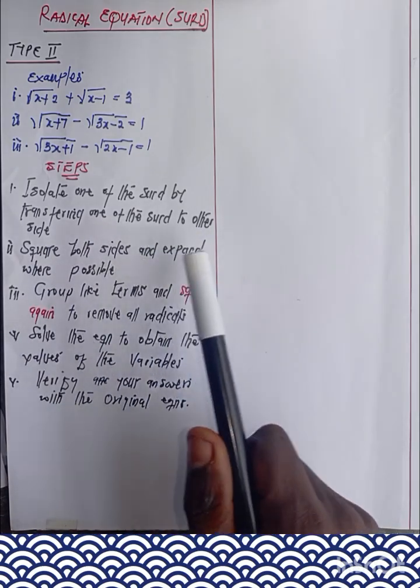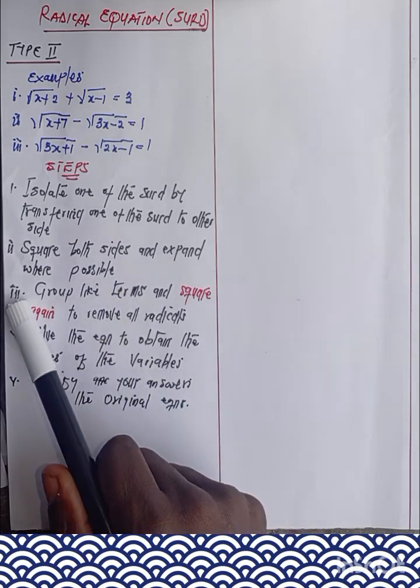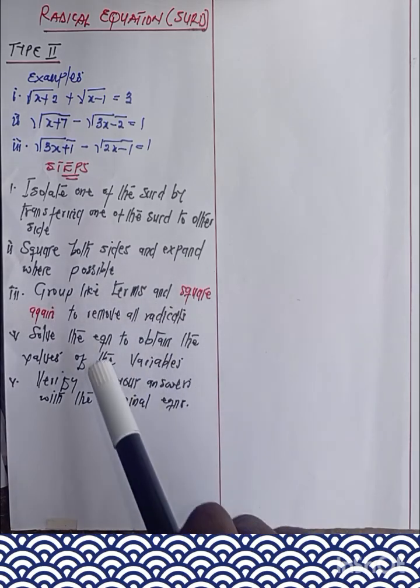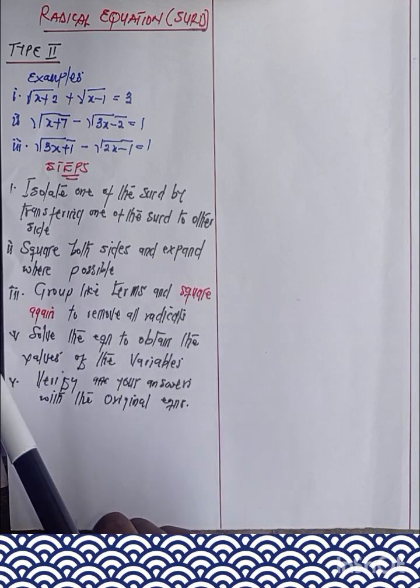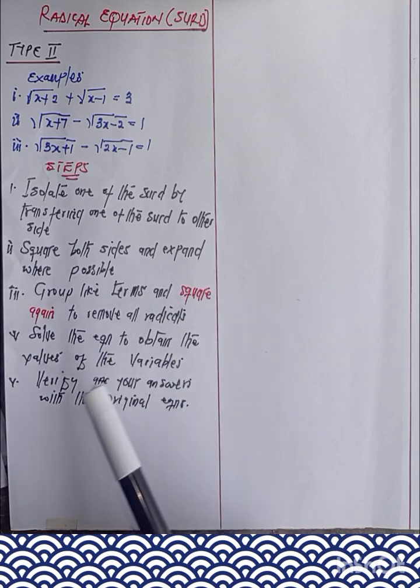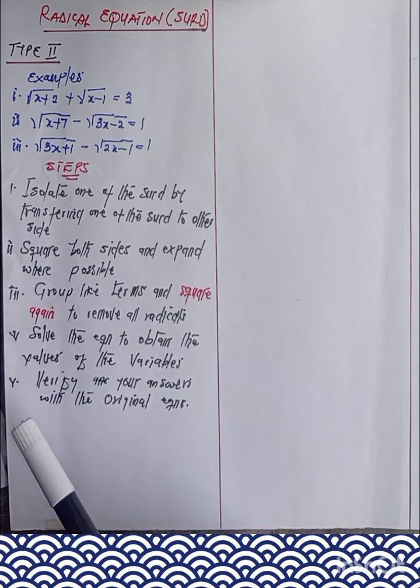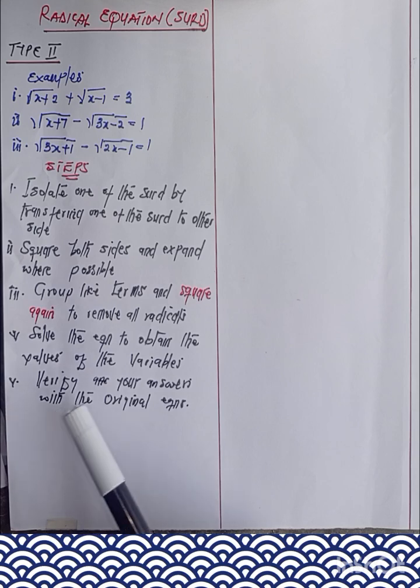Square both sides and expand where possible. Group like terms and square again to remove all radicals. Solve the equation to obtain the values of the variables. And lastly, verify or check your answers with the original equation given. So these are the steps.